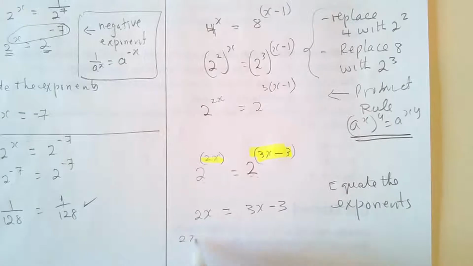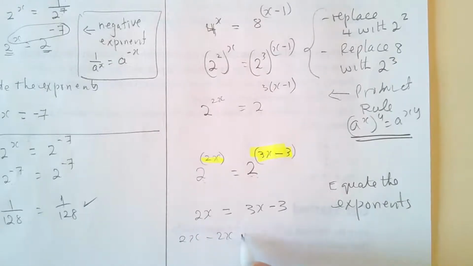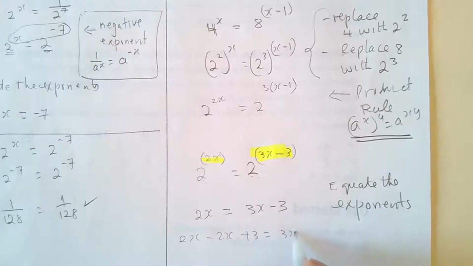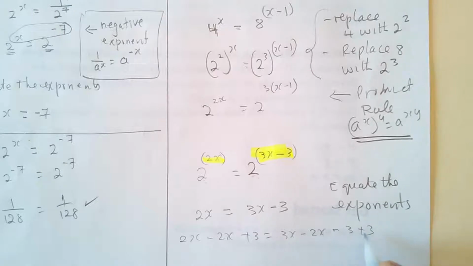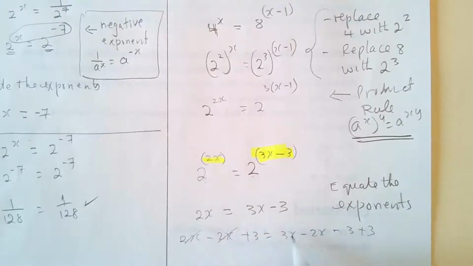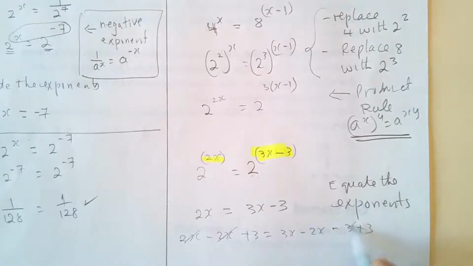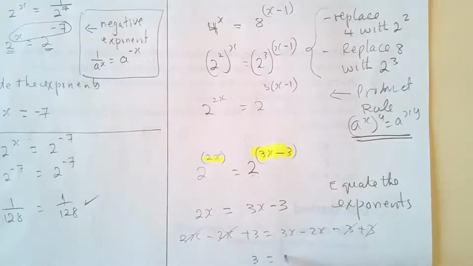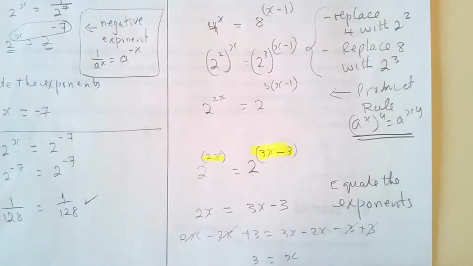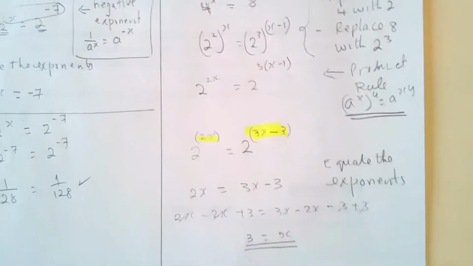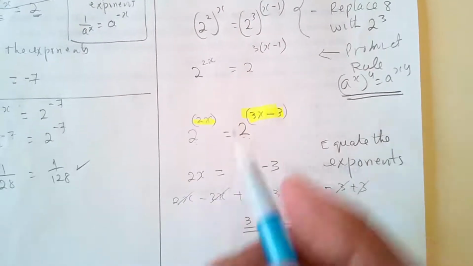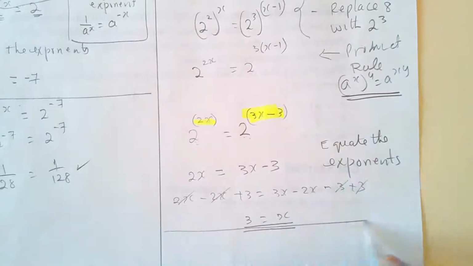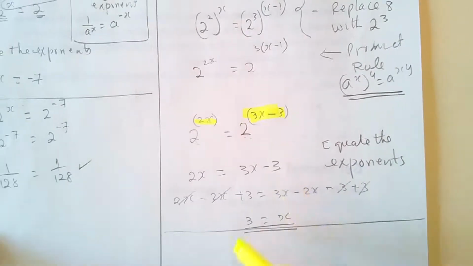So we have 2x minus 2x plus 3 is equal to 3x minus 2x minus 3 plus 3. So these are gone, and we're left with 3 is equal to 3x minus 2x. x is equal to 3. So this is my final answer, x equals 3.